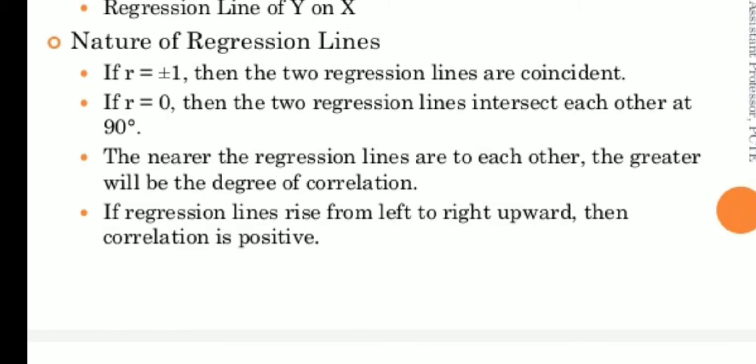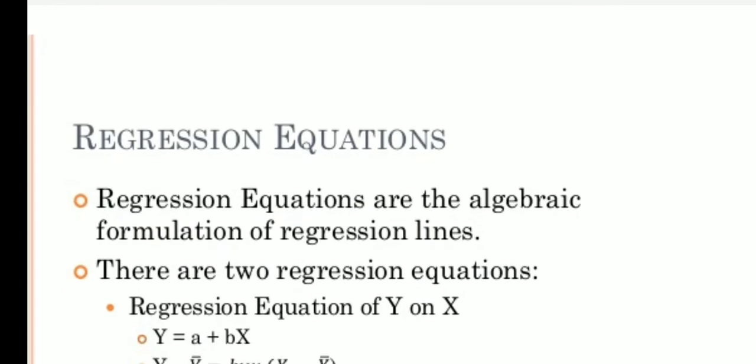The nearer the regression lines are to each other, the greater the degree of correlation. Therefore, there is more precision. If the regression lines rise from left to right, then the correlation is positive. If it is in the opposite direction, then it is negative.